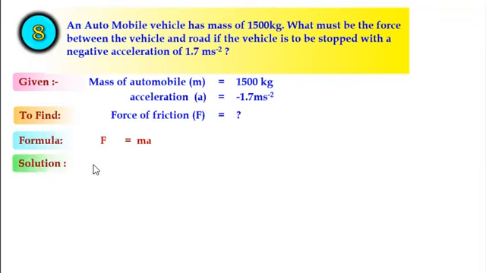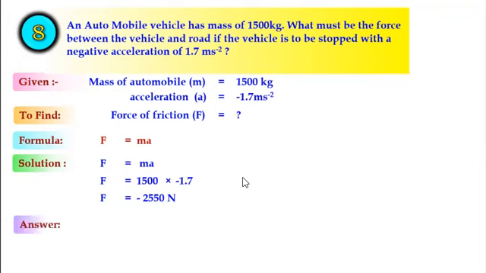We know that F is equal to mass into acceleration, where mass is 1500 kg into acceleration is minus 1.7. If you multiply both, then you will get F is equal to 2550 newtons with a negative sign.